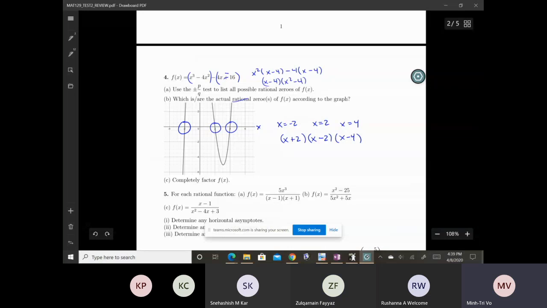And this is a difference of squares, so it becomes x minus 4 times x plus 2, x minus 2. They're in a different order, but the order doesn't matter. These three things are exactly the same as the three things.